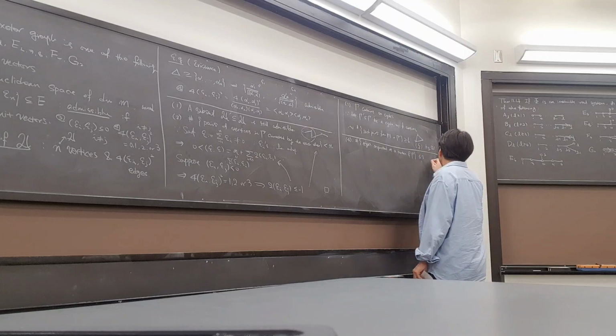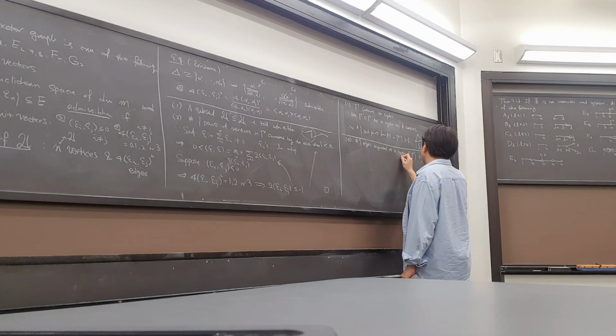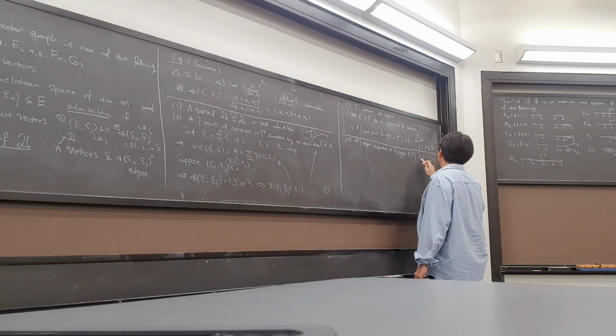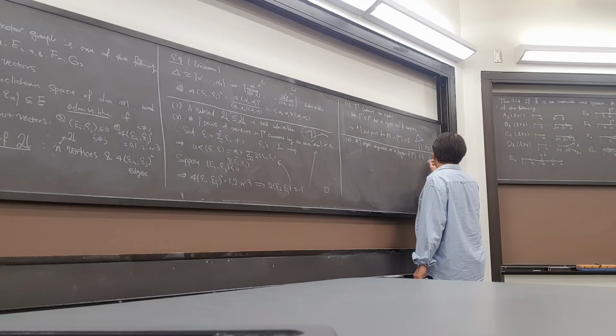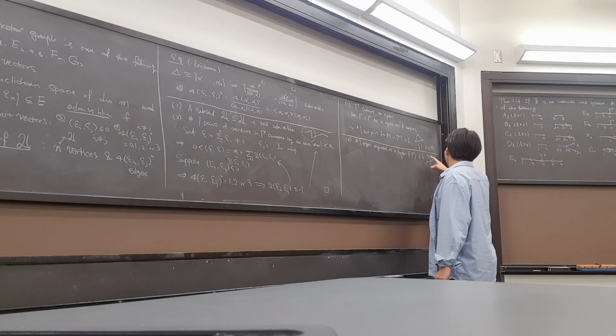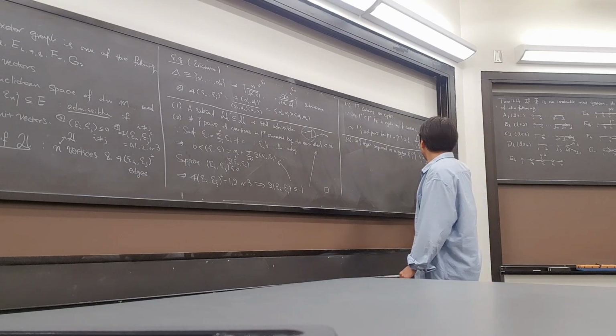So that means if there is a vertex epsilon, the total number of edges is less than or equal to 3. So this example cannot be answered, right? Because there are 4 edges from epsilon.